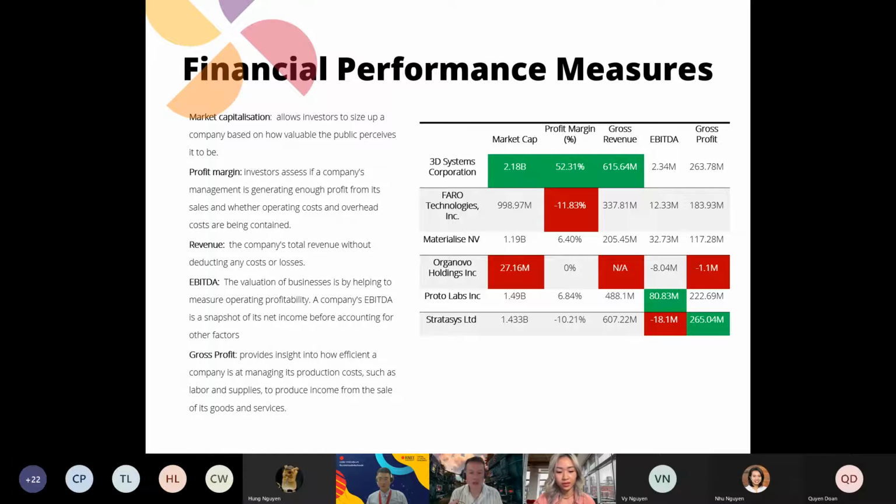Okay, so the point I'm trying to make here is that Stratasys has got -10 on its profit margin, but you haven't said that's a weakness, and you're correct. In principle, it doesn't have to be a weakness. And the market seems to agree with you. The market valued Stratasys at 1.4 billion, not bad. So the market clearly doesn't mind that they've got negative profit margin.